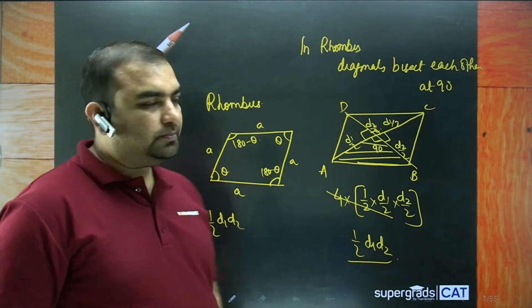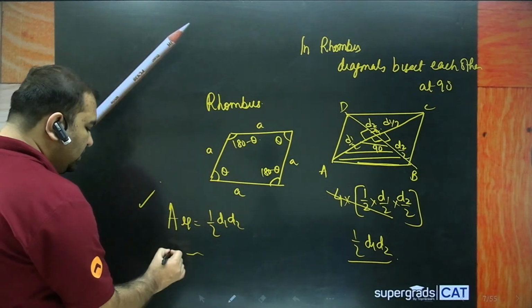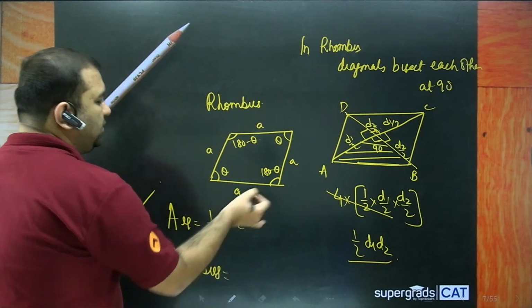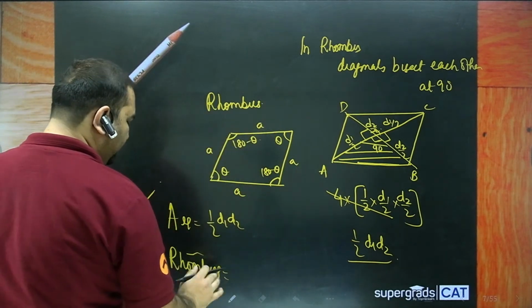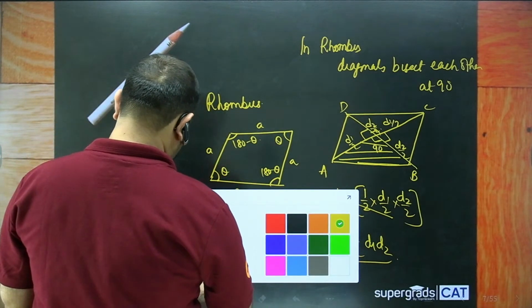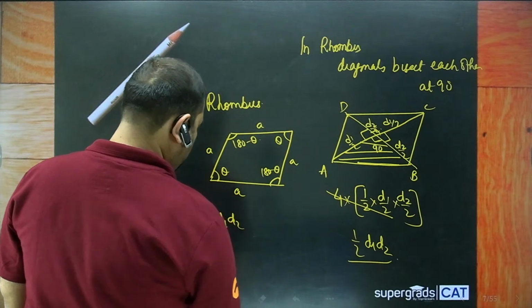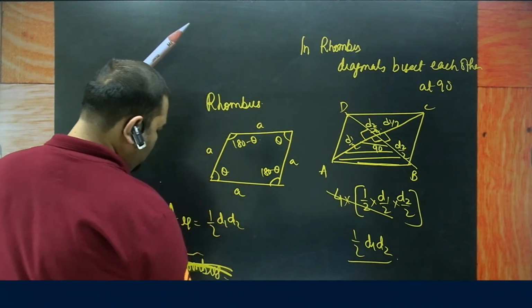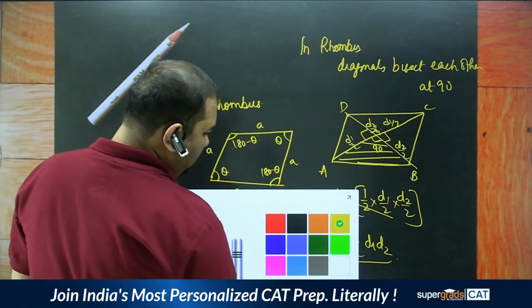Half d1 d2. Now the perimeter of the rhombus is the sum of all four sides. Sorry, what is the perimeter? Why am I writing rhombus? Okay. Oh, they all are pen only, huh?